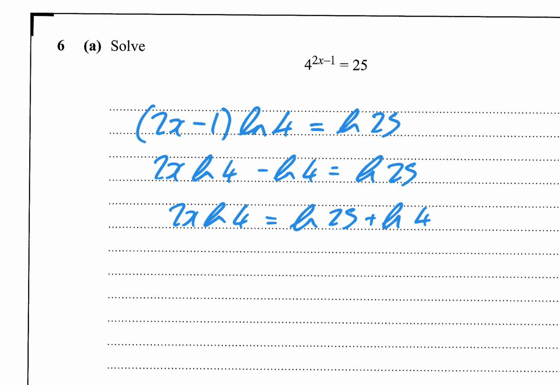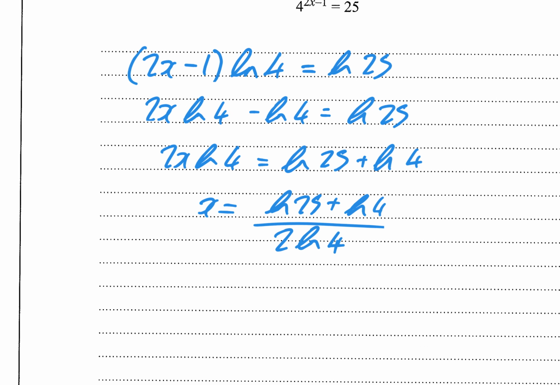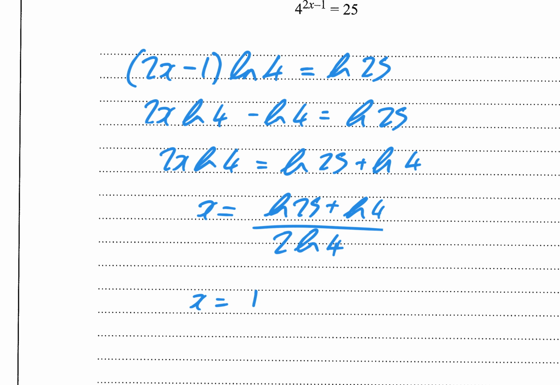So the 2 and the ln 4 have to go across to the other side. So your x is going to be equal to ln of 25 plus ln of 4, and those two things come across to the other side and they now divide. So divided by 2 ln 4. And then I have already done this one out. So hopefully I've done that correctly. 1.66 to 3 sig figs.